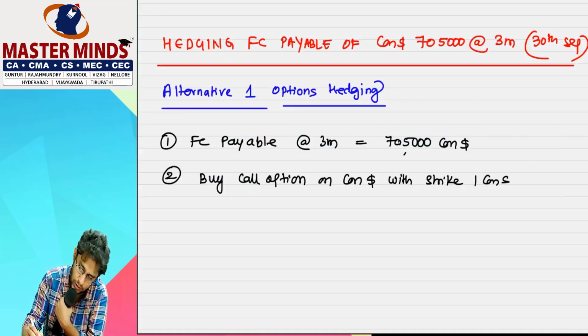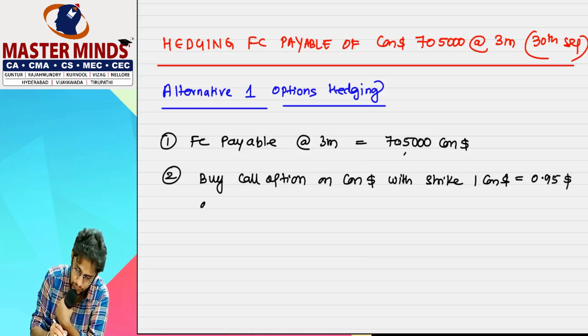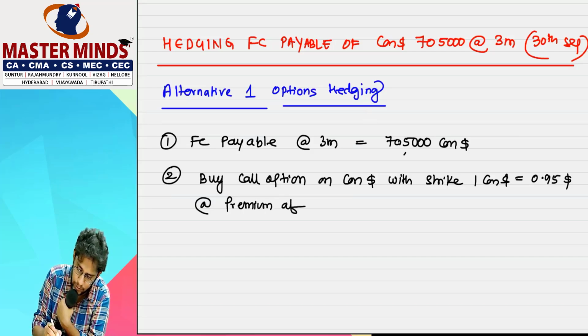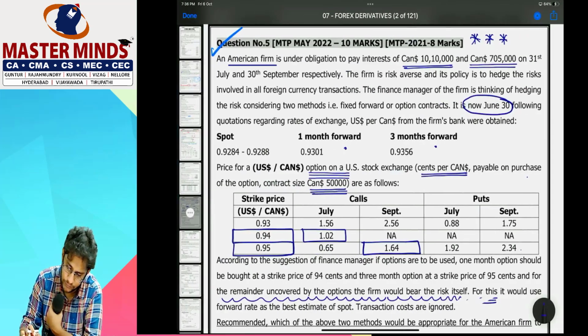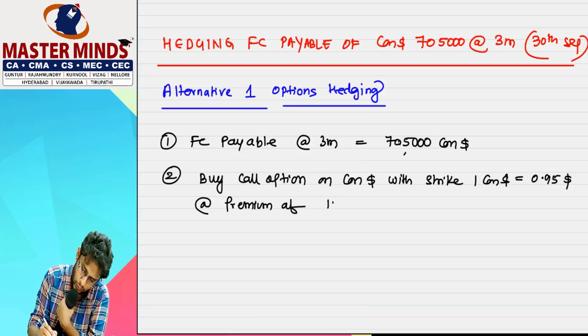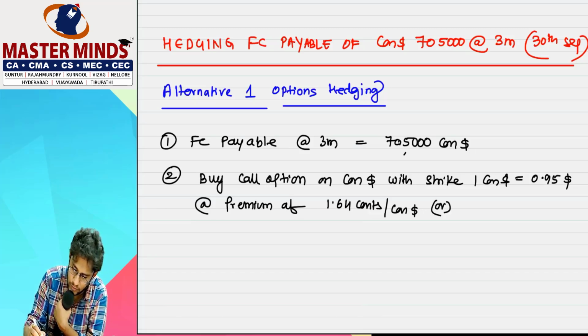So 1 CAN dollar is equal to 0.95 US dollars at premium of 1.64 cents per CAN dollar. Convert that. $0.0164 per CAN dollar.